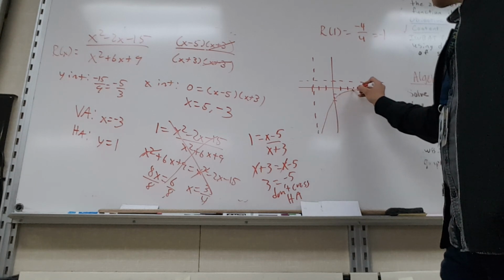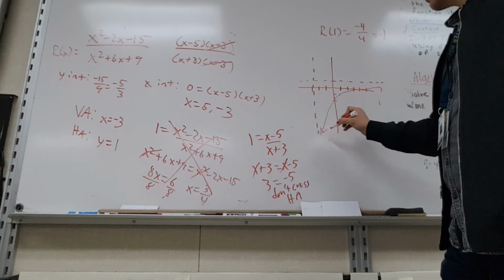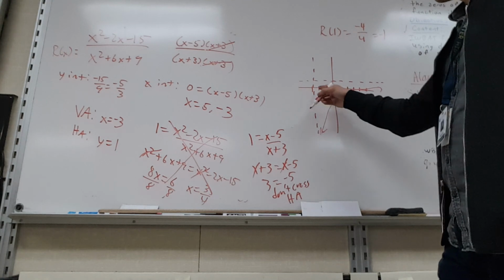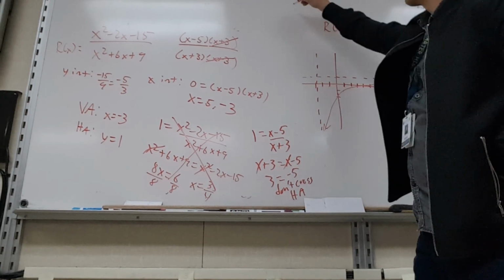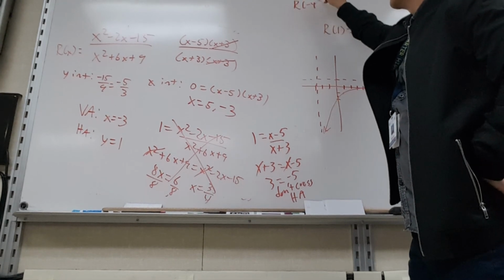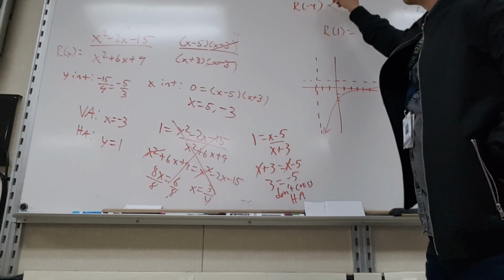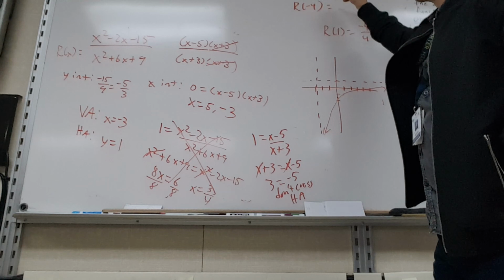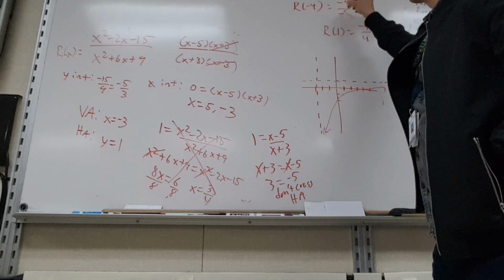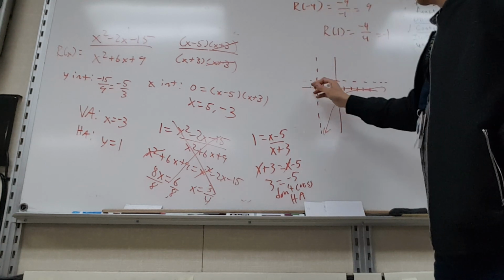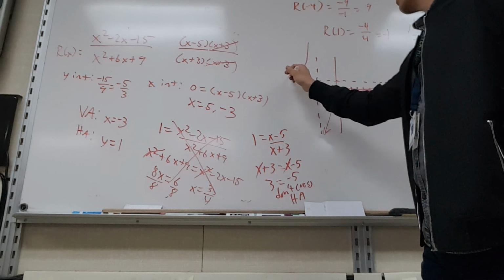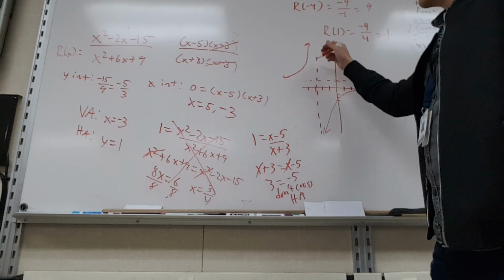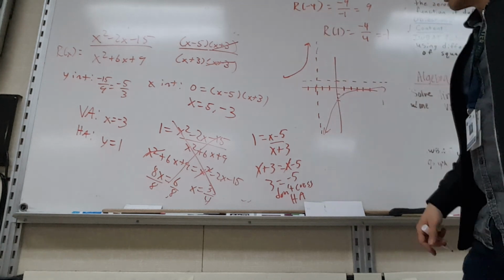So I know my graph is going to go like this here. And then let's just check something to the left of the asymptote. Let's check -4. If I plug that in, I get -9 over -1, which is 9. And so at -4, you're at 9, which is what I want to see so that my graph looks like that.